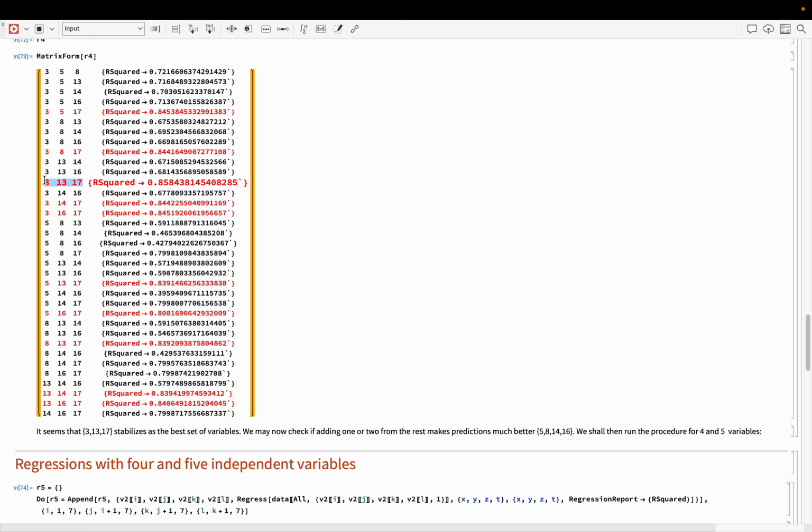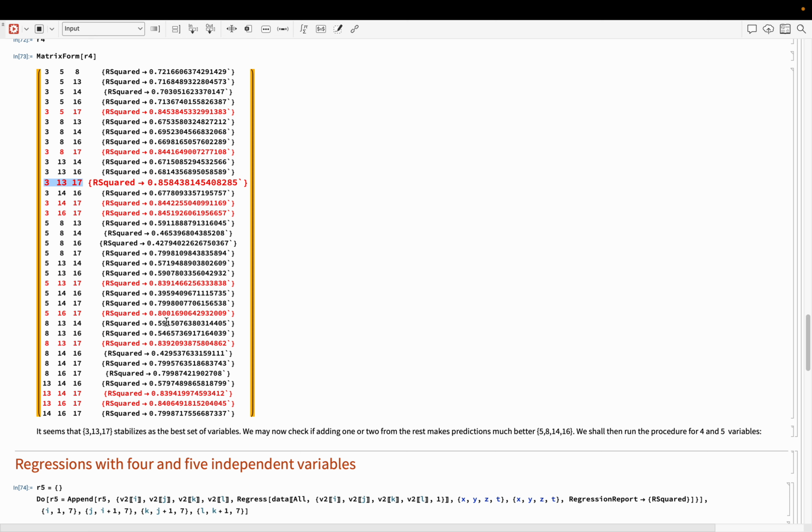And adding some others, definitely adding 5 may help a little bit. Maybe adding 16 or 14 may help a little bit. But the differences here start to not be very big. As you can see, I have marked here only results over 0.8.